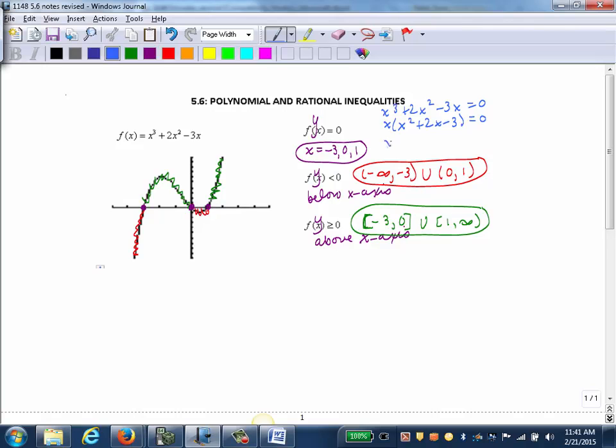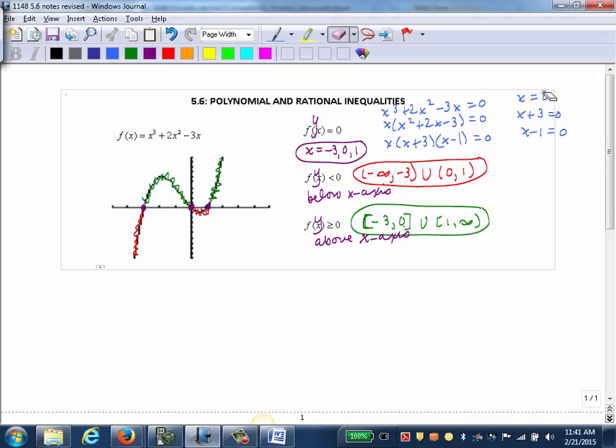Then we've got a quadratic which we can break down: x plus 3 and x minus 1. Then setting each of those factors equal to 0, I have x equals 0, x plus 3 equals 0, and x minus 1 equal to 0. And we can clearly see that these would give us our three solutions here.